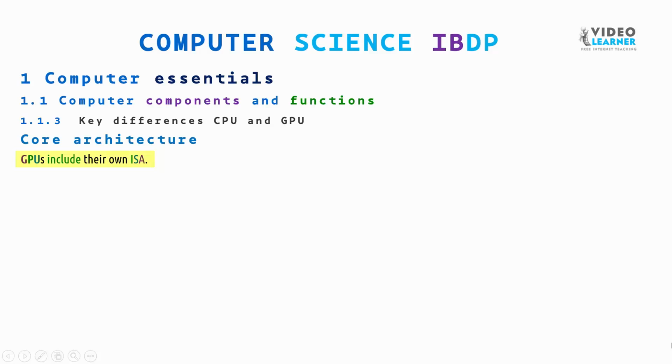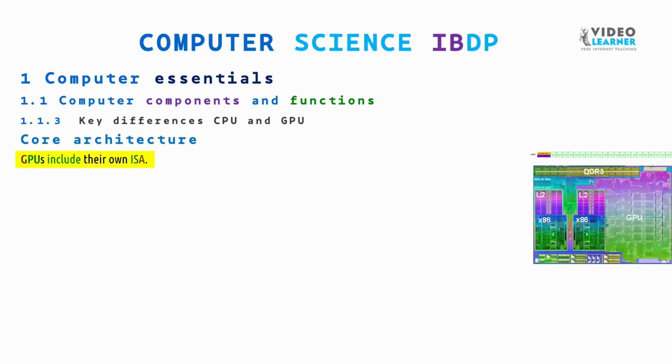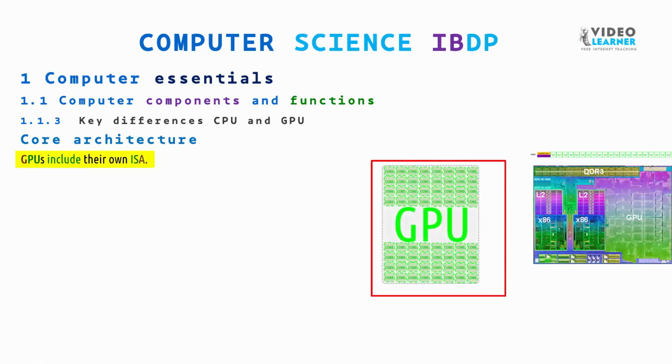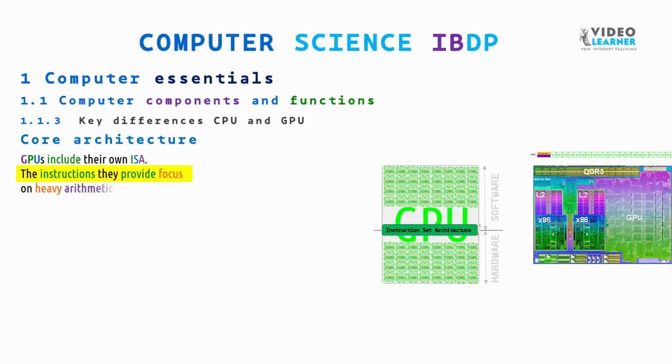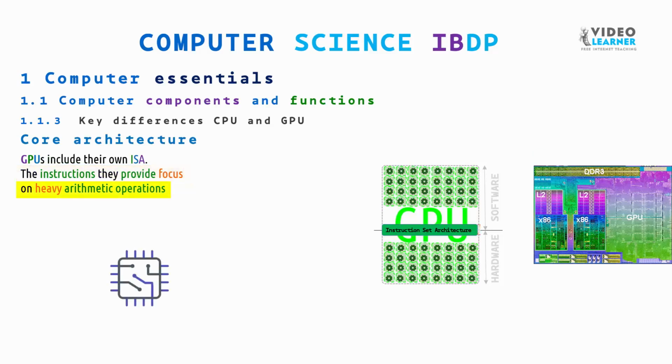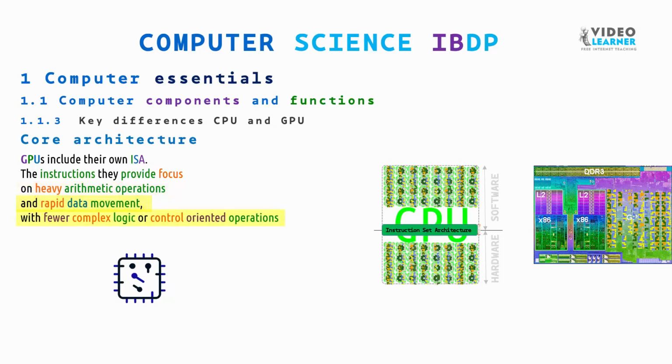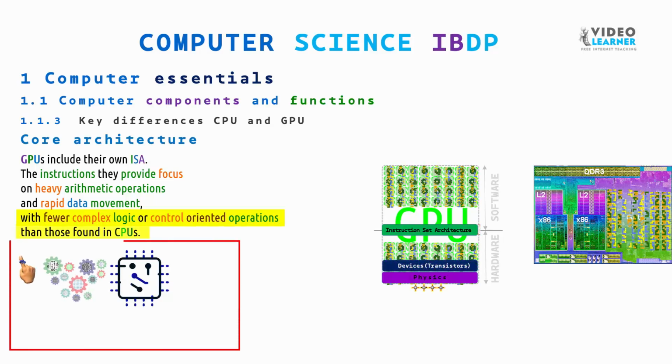On the other hand, GPUs include their own ISA. The instructions they provide focus on heavy arithmetic operations and rapid data movement, with fewer complex logic or control-oriented operations than those found in CPUs.